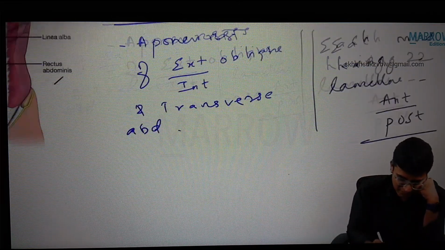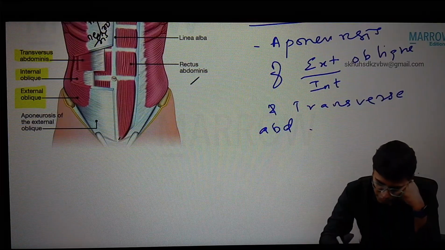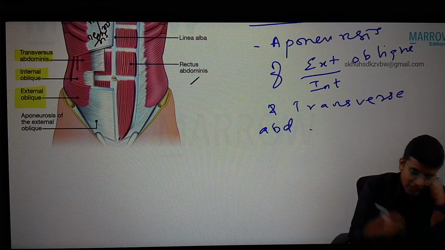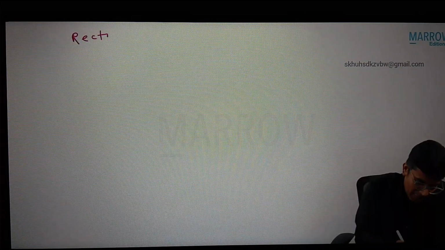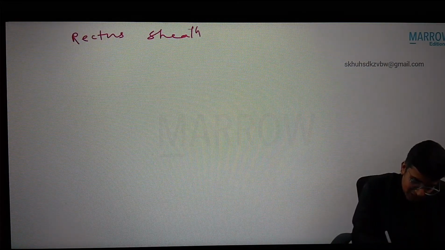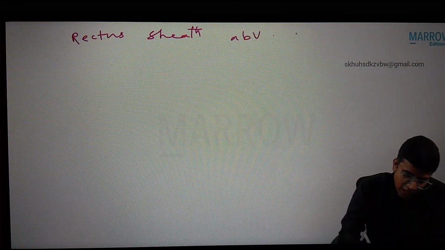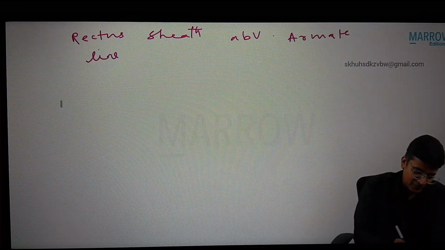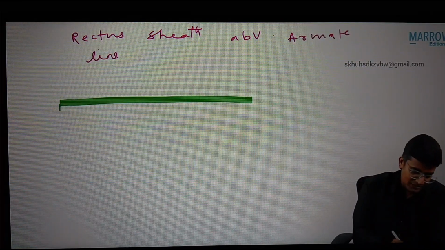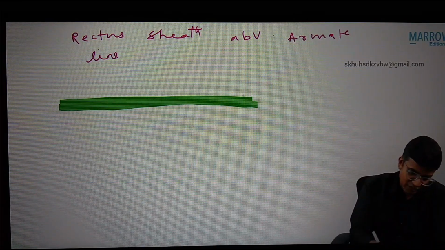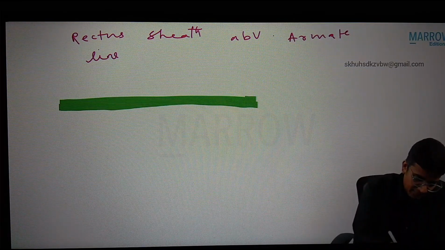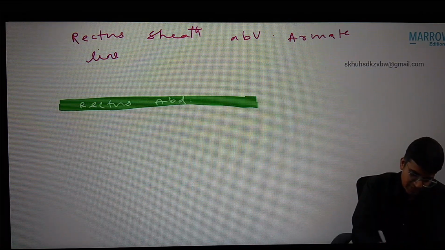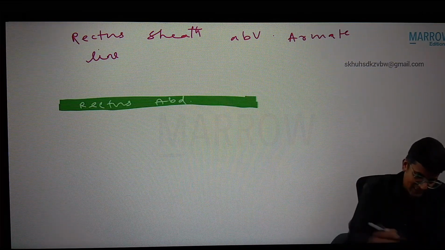Now we're going to draw the rectus sheath formation above the arcuate line. First we draw the content. For example, this is the rectus sheath content, the rectus abdominis muscle. This is the front side, the cut section we are drawing.